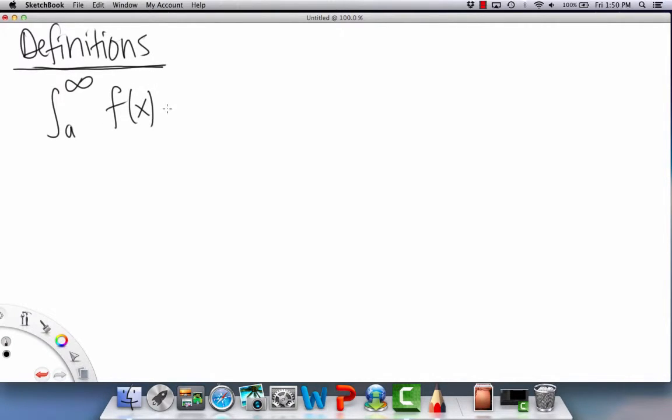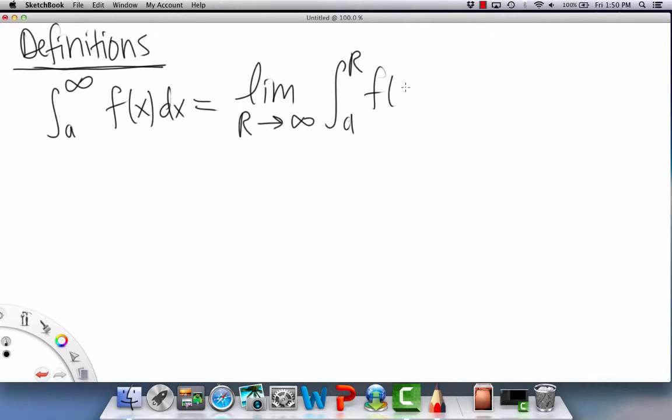Then the integral of f of x dx equals, and I'm going to write what we just did: the limit as r goes to infinity, with a still down here and r as our top limit, of the integral of f of x dx. Okay, so that's the first definition.